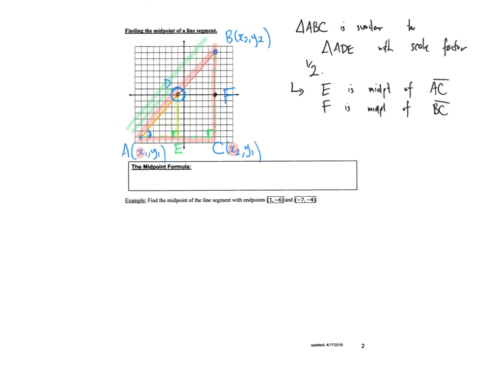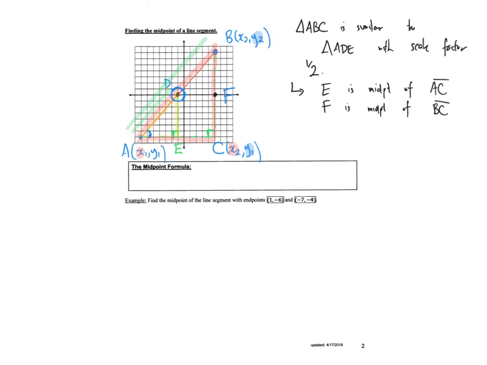How do I find a quantity that's halfway between two other quantities? We take the average. Similarly, to find the y-coordinate of F, we'll take the average of the y-coordinates y1 and y2, because that will give us the y-coordinate that is in the middle between them.